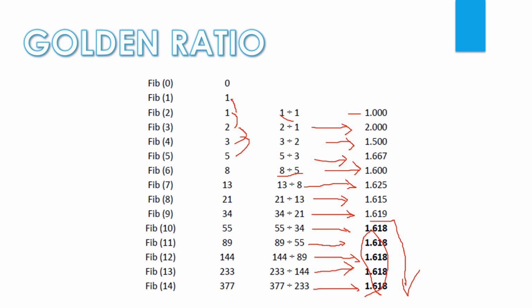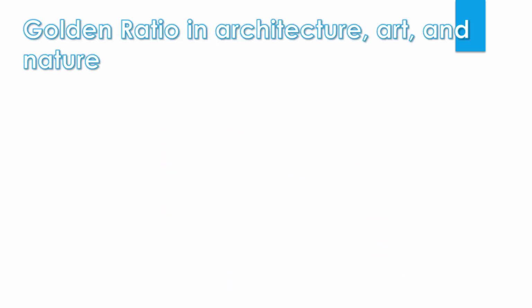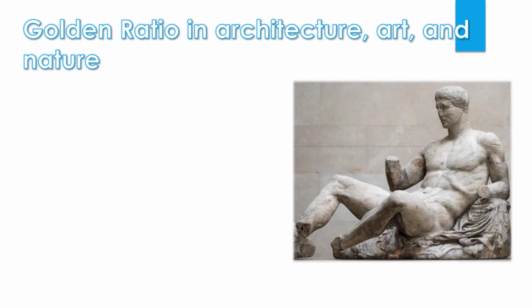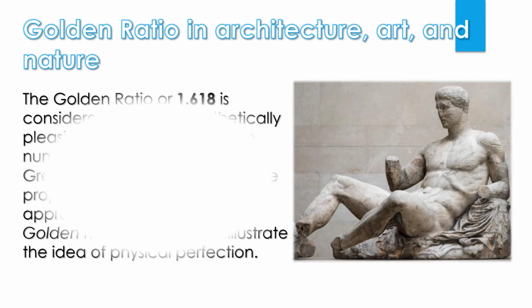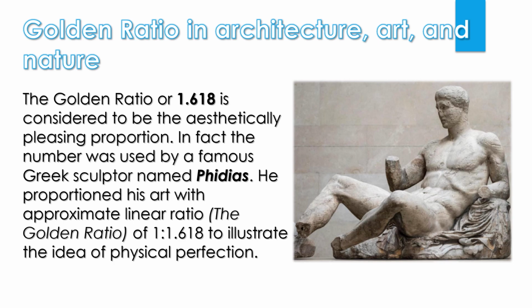And you can see that, not only in mathematics, but in other geometric figures. Okay, golden ratio in architecture, art, and nature. So, let's look. Okay, so in this sculpture, the golden ratio or the 1.618 is considered to be an aesthetically pleasing proportion.